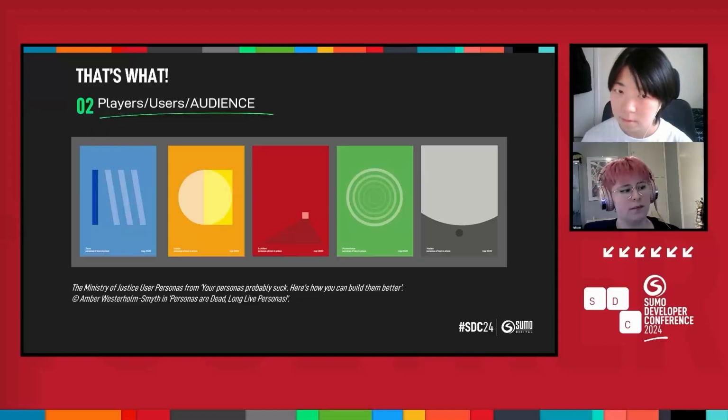And then another one, that's what players, users, audience. Specifically about personas. I really like this example from the Ministry of Justice, not necessarily in this context, but I like the core idea, especially for video games. Personas can be contentious.